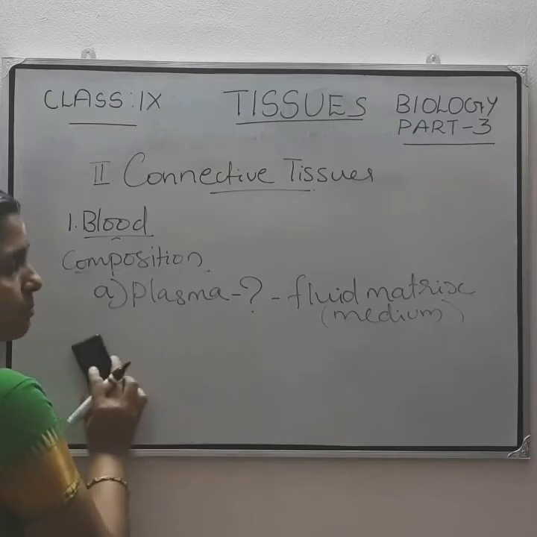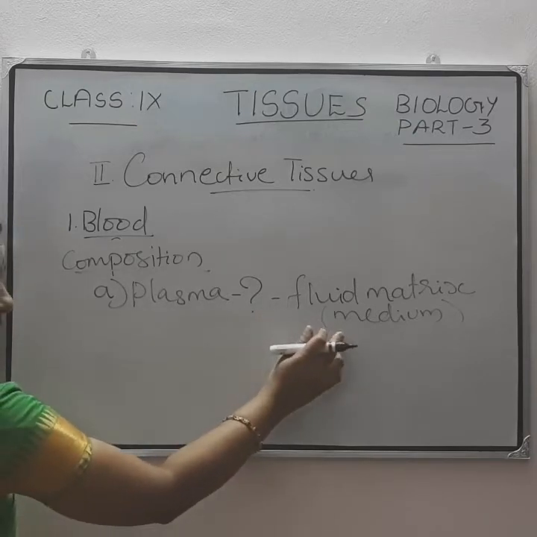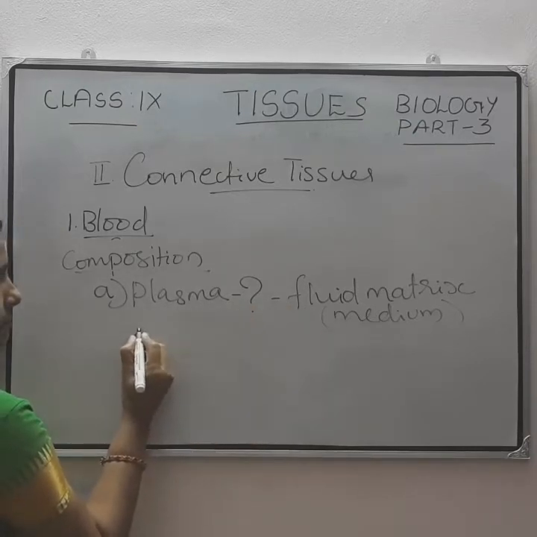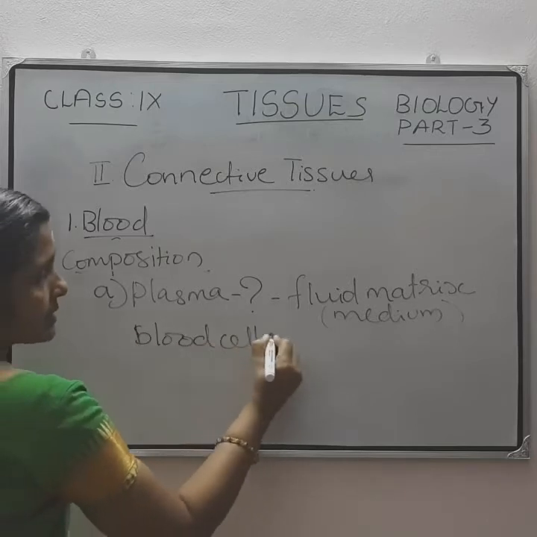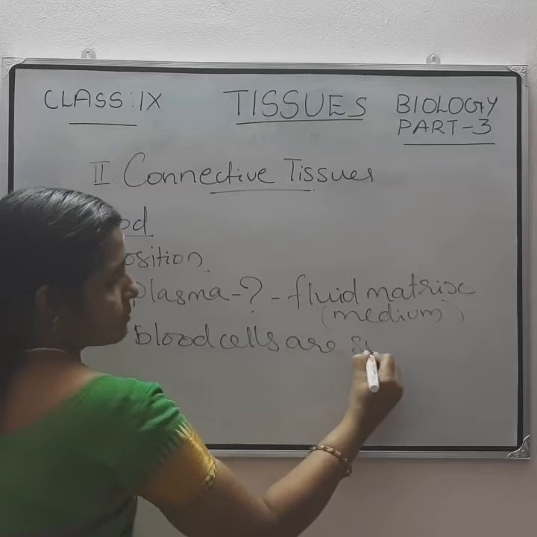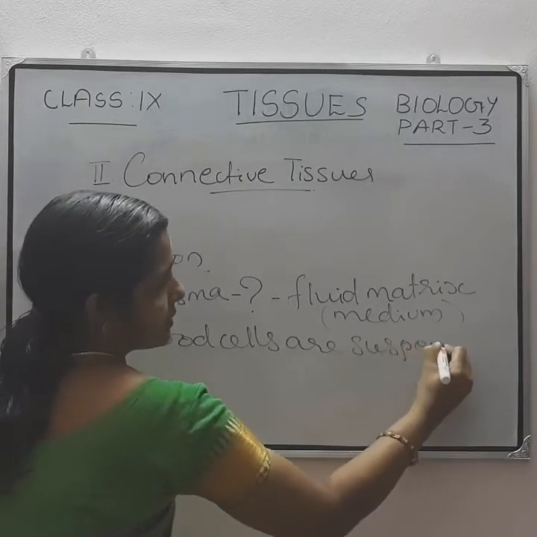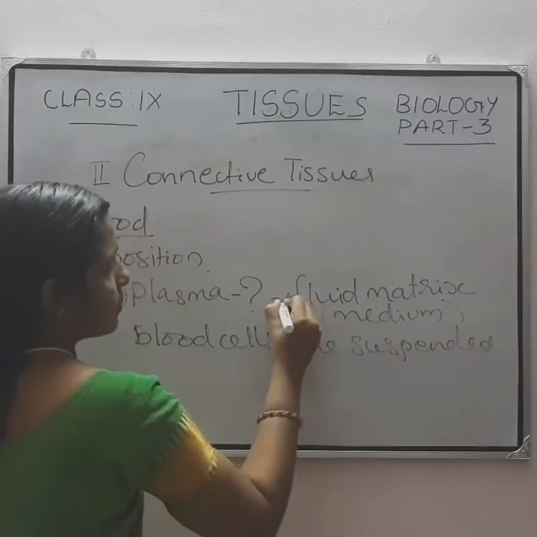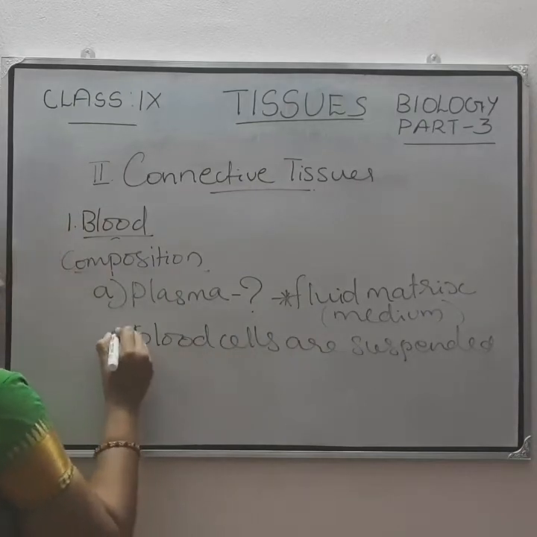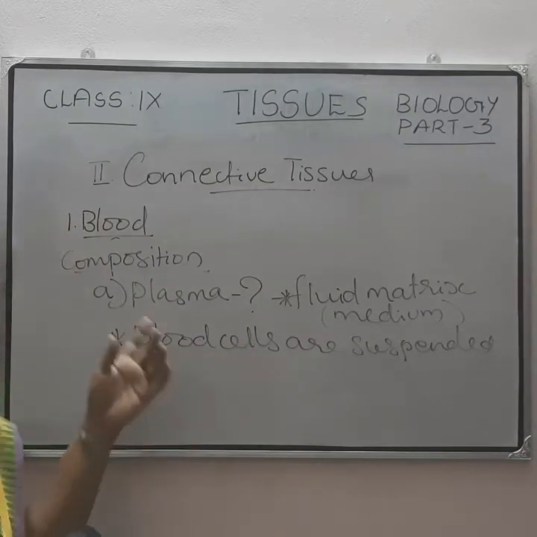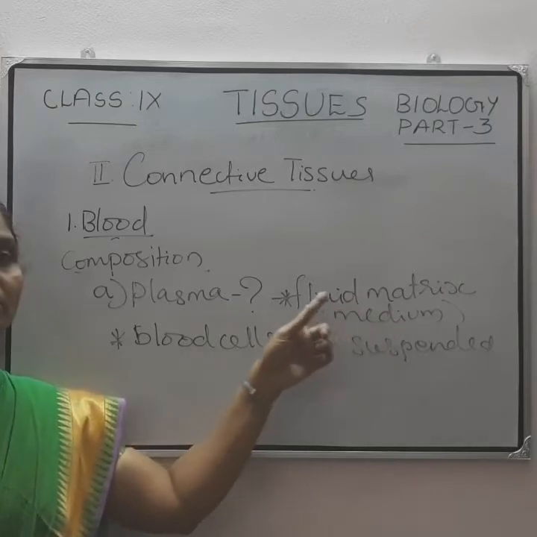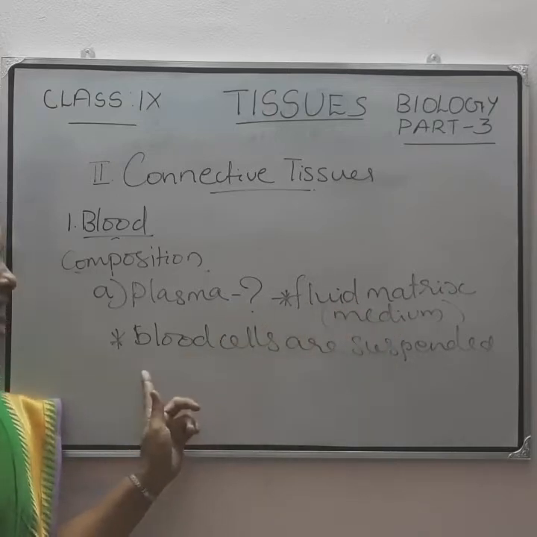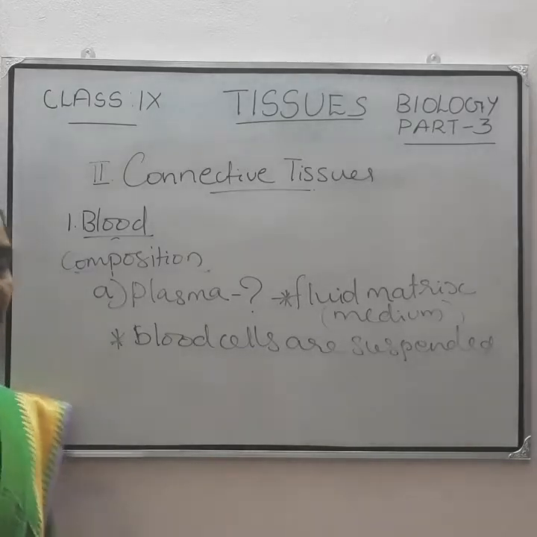In this plasma matrix, we can see the blood cells are suspended. So blood consists of plasma, which is the fluid part or fluid matrix or medium of the blood in which the blood cells are suspended.